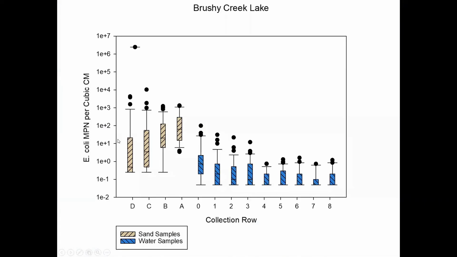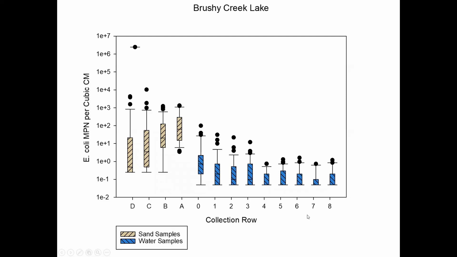And so looking at that and thinking about the gradient from the shoreline area or the sand environment, and then the water, and thinking about the transect moving from close to shore on out into the open lake, this graph shows that corresponding bulk, large quantity of E. coli, and then the movement of that material into the lake environment, and then the dilution of that material as you move further and further out into the open lake environment.